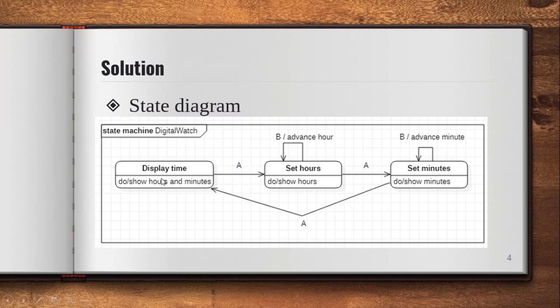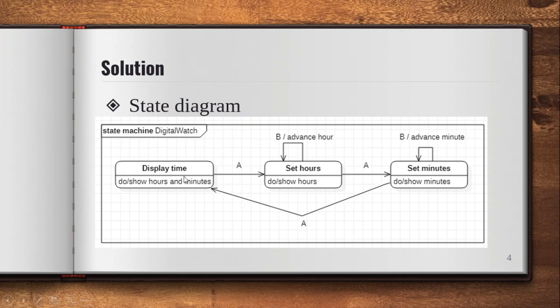The next description is that the set time mode has two sub-modes. First they said that display time and set time, these two modes are there, and again in set time mode there are two sub-modes: the first one is set hours and the second one is set minutes. The A button selects the mode, and we used this A button for selecting the mode.